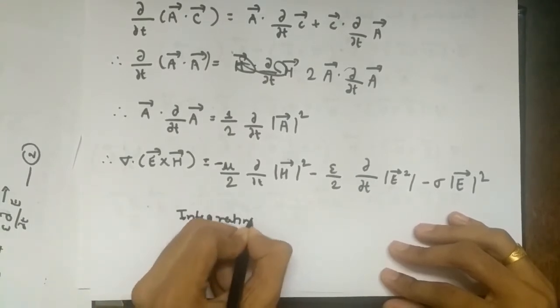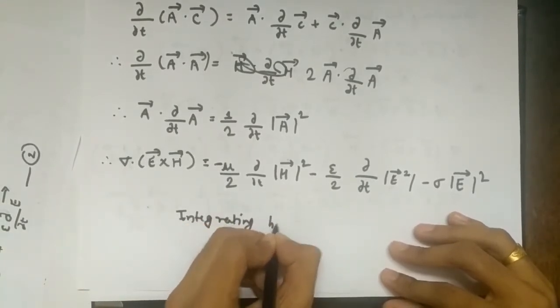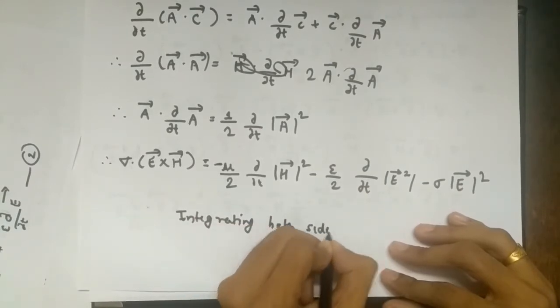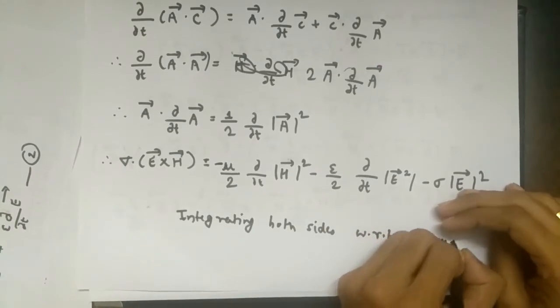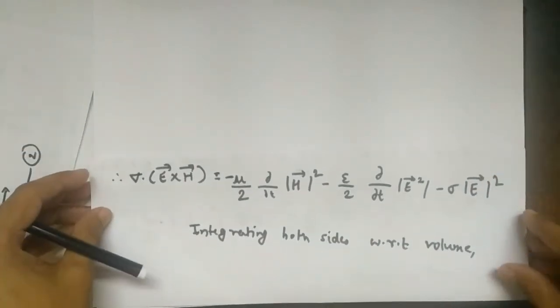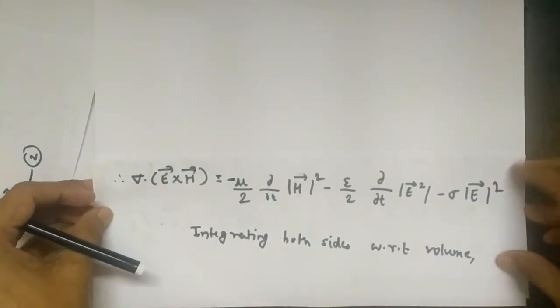So now what we do is integrate both sides with respect to volume. So what will we get? I'll keep it here for reference. It is visible.